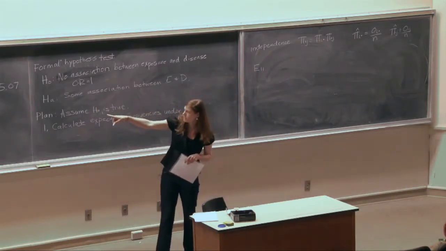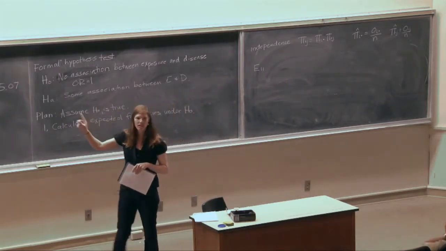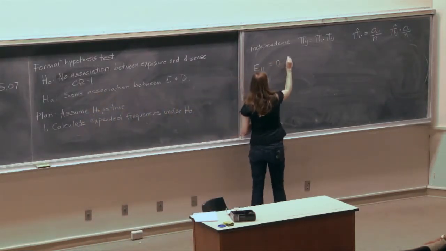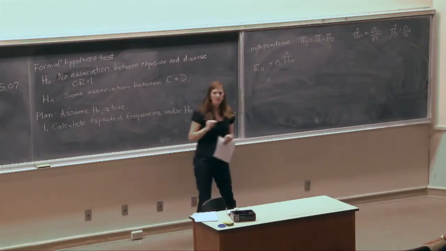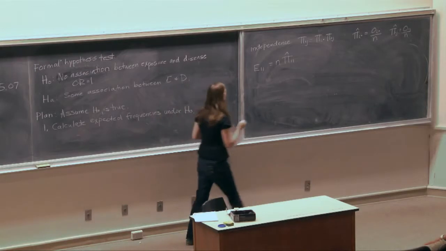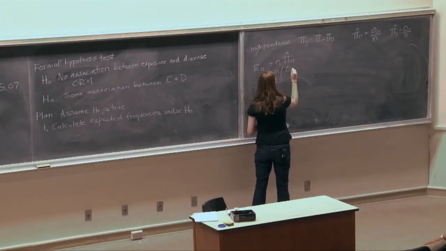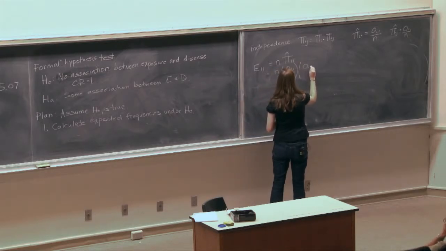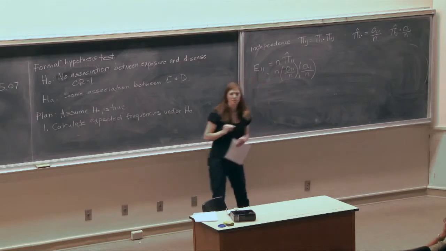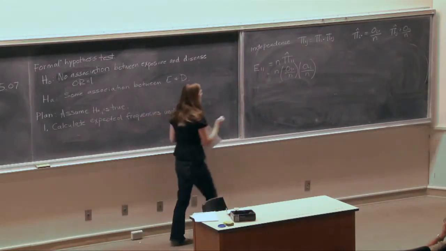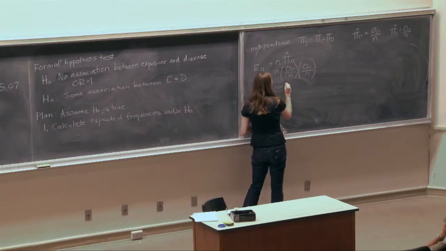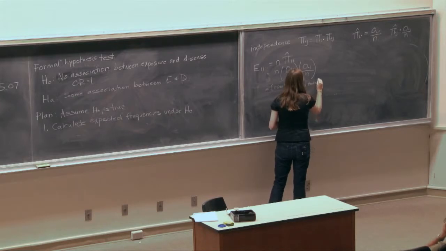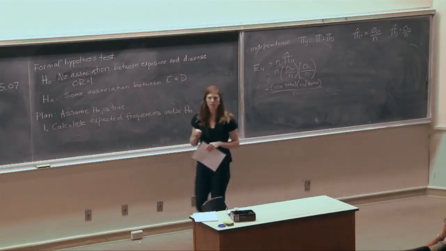The expected number of individuals who had the exposure and had the disease under our null hypothesis is going to be n times the probability of being in that cell, which is going to be n times the number exposed over n times the number diseased over n, which works out really easily to just my row total times my column total over n.